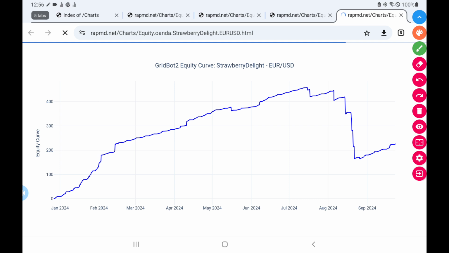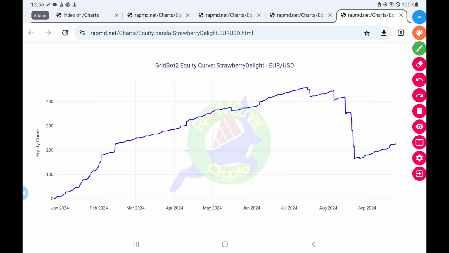But Strawberry Delight, a little bit of aggression, pushing the edge just a little bit, but still in profit. Now, you have to decide, where do you want your trading to be? Now let's look at 4 more charts that take this to the next level of understanding, I should say.